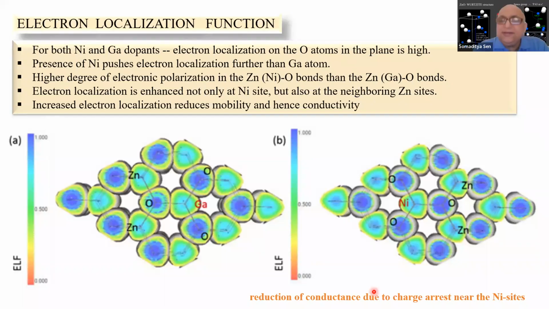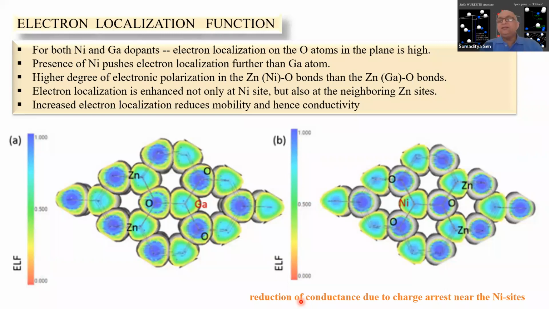Okay, now this is something very important. What happens actually when we dope different elements into a material? Now, this is a classic example of nickel and gallium doped materials. So we can see that in the nickel doped materials, this is something called electron localization function. This is not an experimental technique, but you remember we said that the Rietveld refinement gives us an opportunity to find the structural details of the material.